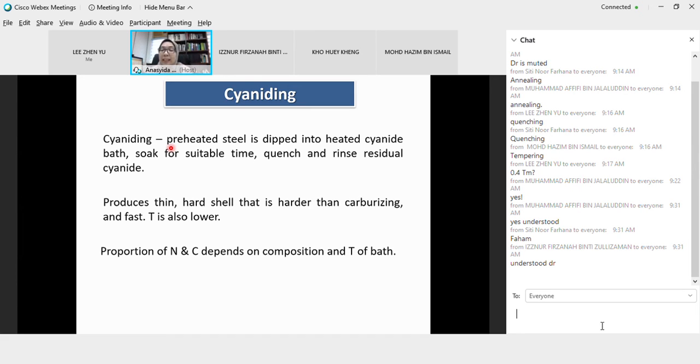Kita preheat dan kita dip dalam bus yang contain cyanide kan, untuk masa yang tertentu, dan kita perlu quench sebab kita ada carbon. Then we quench it, right? Then we will produce a thin hard shell which is harder daripada carburizing. Then temperature is lebih rendah berbanding dengan carburizing.